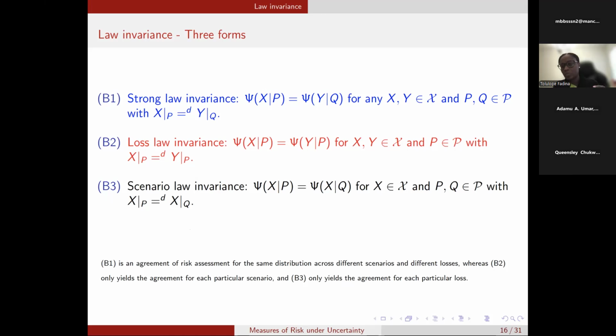But the loss law invariance, this is why it comes more highly recommended, because for loss law invariance, like you said, we are considering these two portfolios that behave the same way. In this particular bad economy, it's just like looking at insurance companies, people making claims during the pandemic.